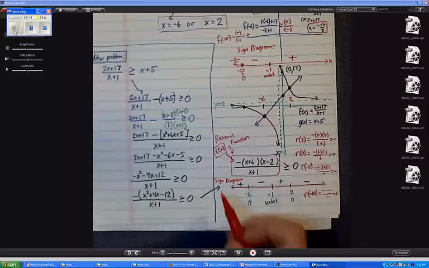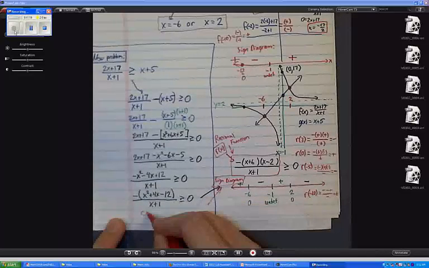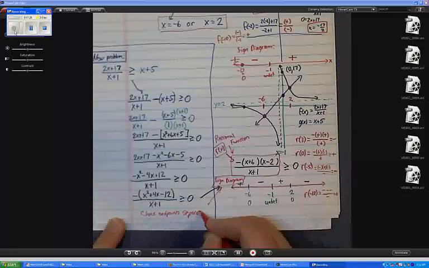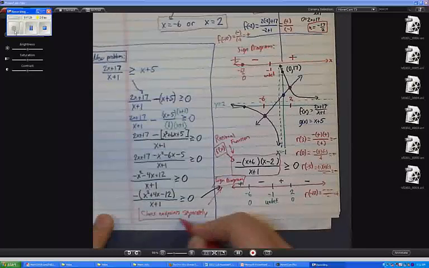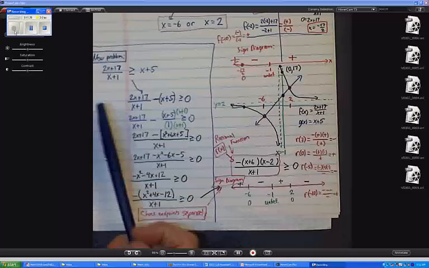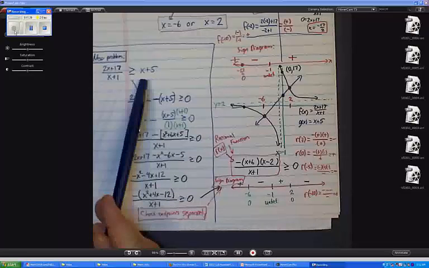One thing to emphasize about the sign diagram is that you need to check the endpoints separately. Here's what I mean by this. I'm about to list the solution set to my problem. My problem was, where is this (2x plus 17) over (x plus 1) bigger than or equal to x plus 5?